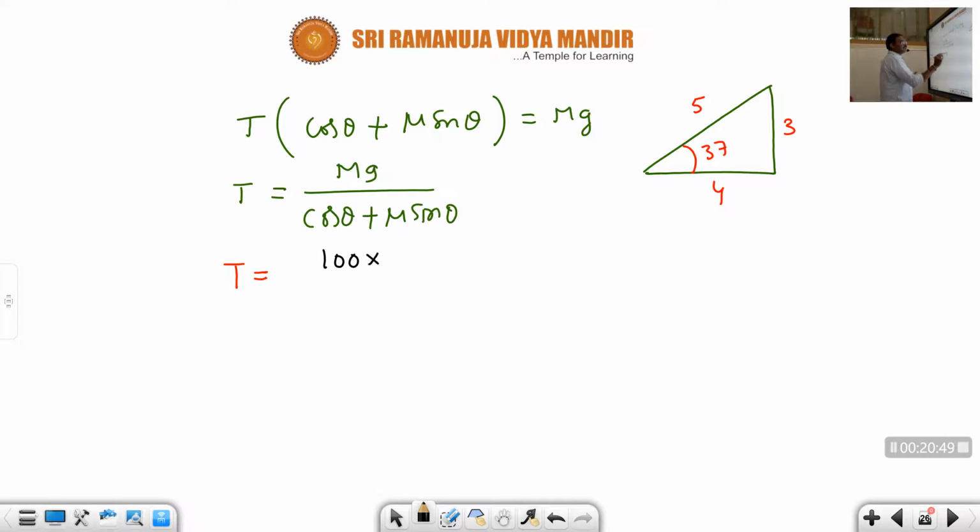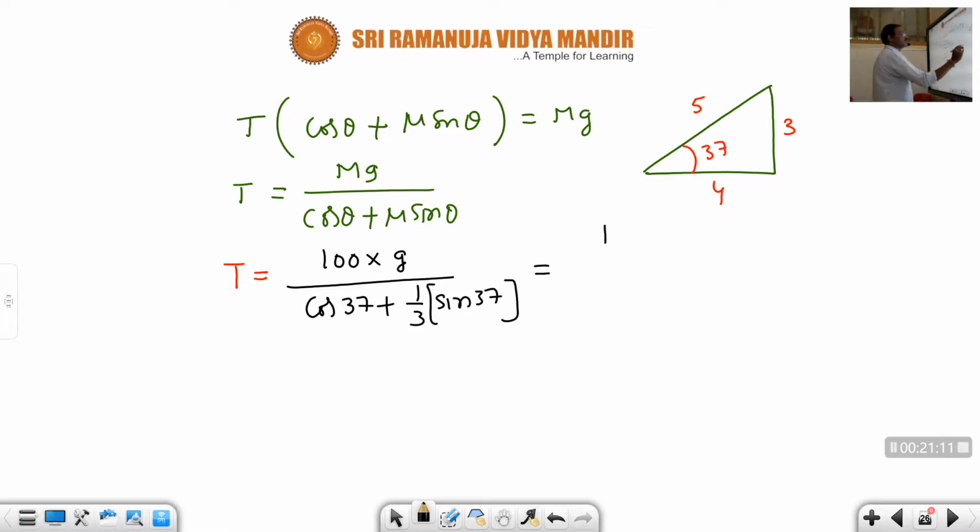And the g value we keep here. I will leave the value of acceleration in terms of g, by cos 37 plus mu, whose value is 1 by 3, into sin 37.